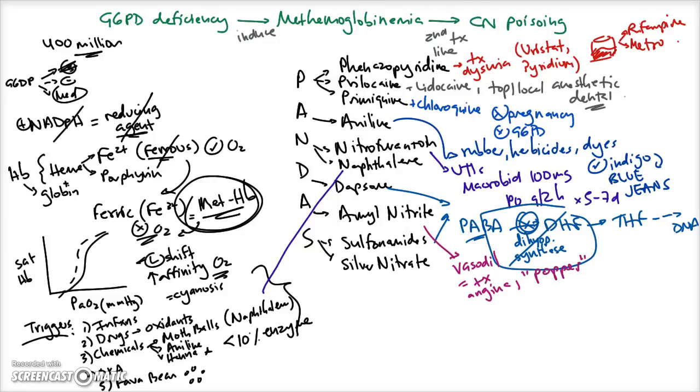And silver nitrate. Silver nitrate is actually a caustic agent. It's used for chemical hemostasis, particularly for wound management and wound care, especially in wounds that have hypergranulation, or lots of granulation tissue in between.